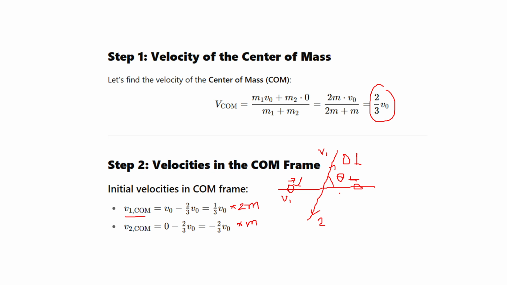Similarly, this is the velocity with respect to center of mass, so v1 is the velocity with respect to center of mass, and after scattering this velocity remains the same. The magnitude of these two values remains the same, while the direction of course changes.